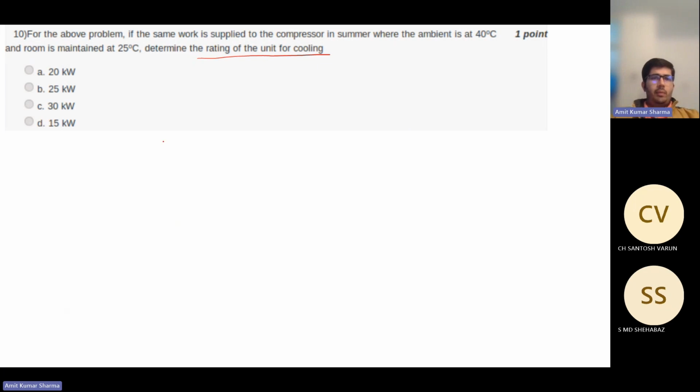The work is same, that is 30 kilowatt. 30 kilowatt. What is the desired effect? It's cooling. It's 25 degree.